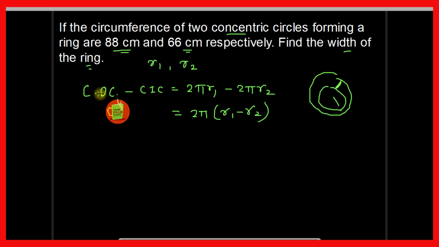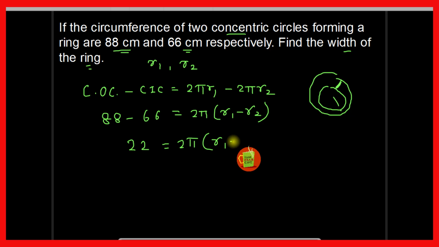And now the circumference of outer circle is 88 minus circumference of inner circle is 66, and therefore 88 minus 66, that is equal to 22, that is equal to 2 pi into bracket r1 minus r2, close the bracket. So 2 ones are 2, 2 11s are 22, take pi to this side, so it will be 11 into 7 by 22.